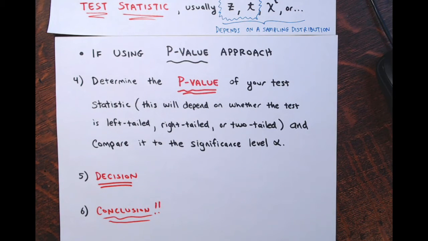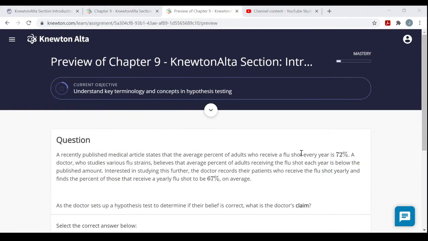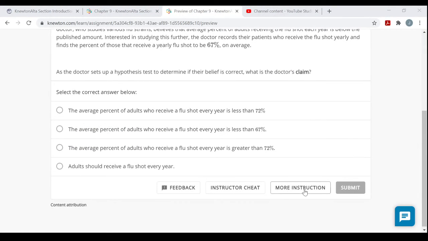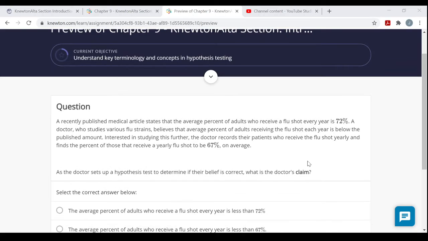Do you have enough evidence to support the claim or not? So again, I would highly recommend that you click on more instruction for these problems and read through the definitions, these key terms that you're going to come across when you're performing a hypothesis test, when you're testing a claim.